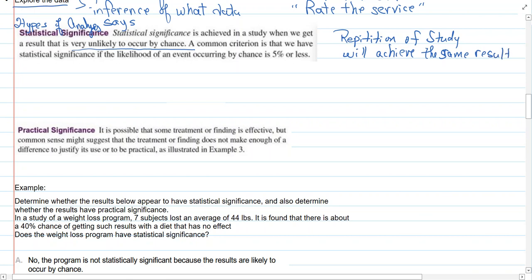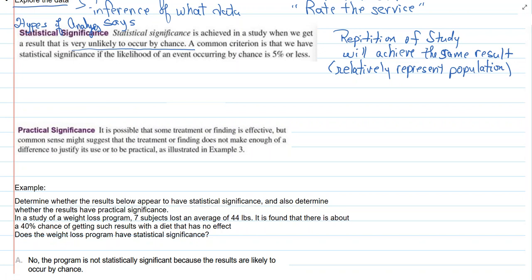Meaning that whatever the study was and the sample they took, it does relatively represent the population. Okay, a common criterion is that we have statistical significance if the likelihood of an event occurring by chance is 5% or less.